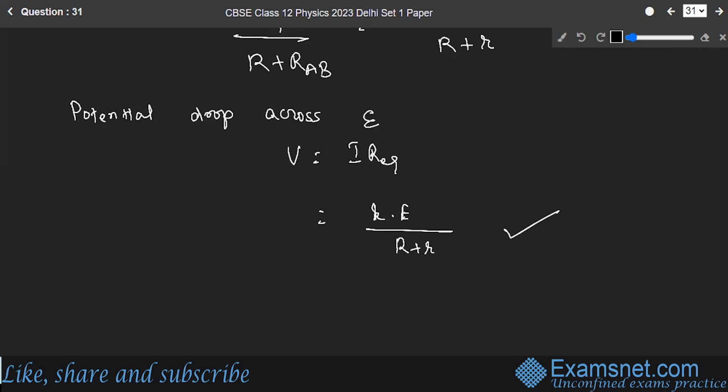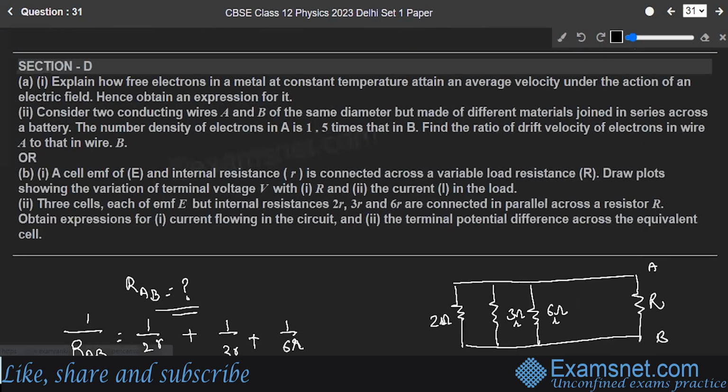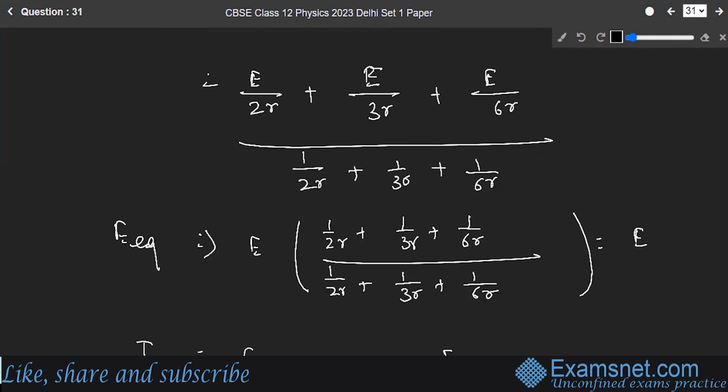This is your second answer. So potential drop is equal to R into E upon R plus r. All right. So this is the answer to the question. And the current flowing through the circuit is given by this.